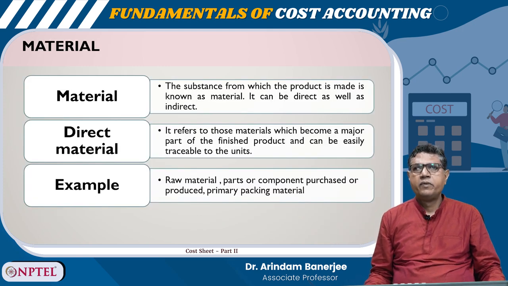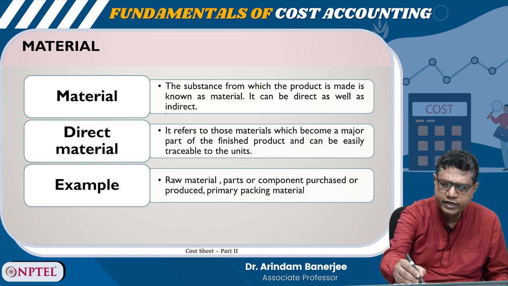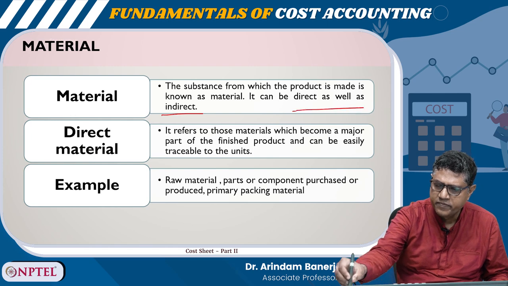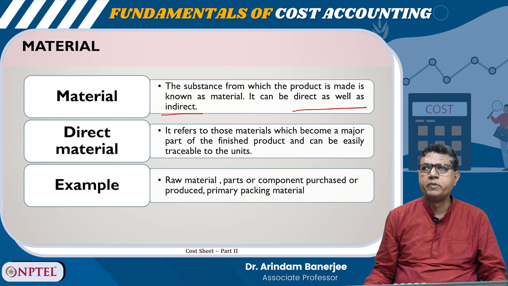So what is material cost? The substance from which the product is made is known as material. It can be direct as well as indirect. We already discussed this; this is just a revision. Direct material refers to those materials which become a major part of the finished product and can be easily traceable to the units.